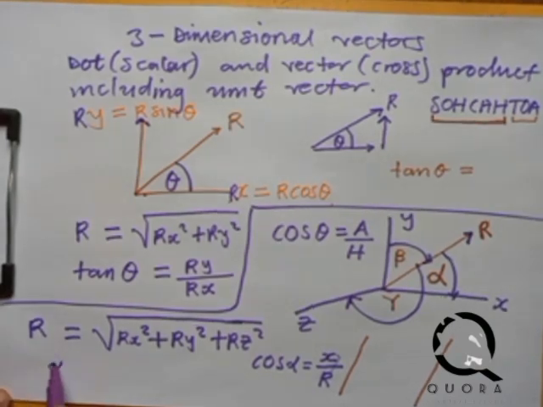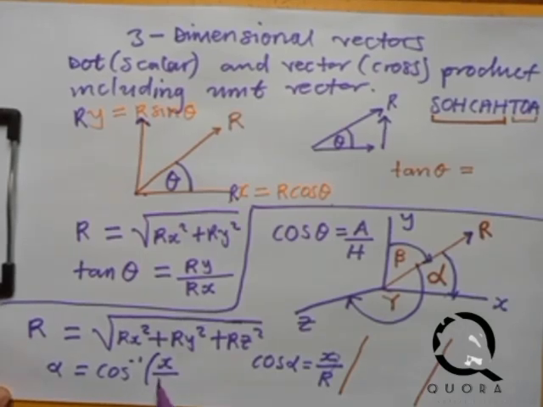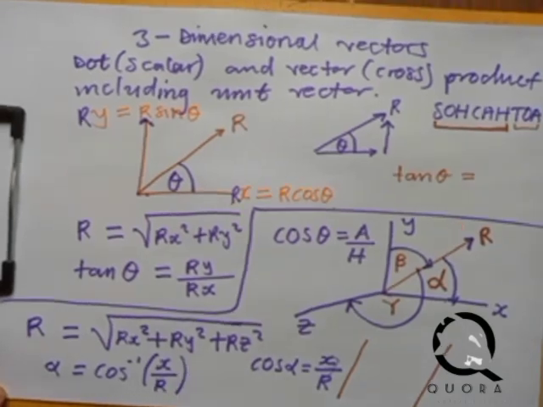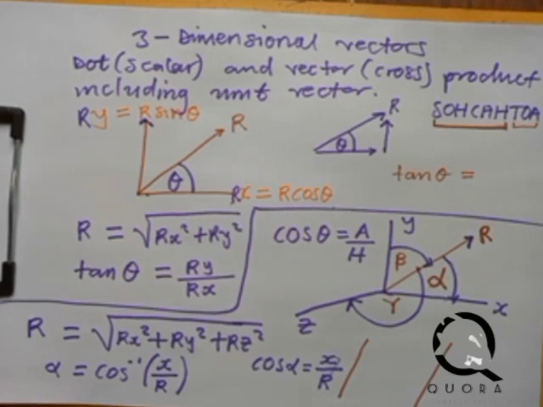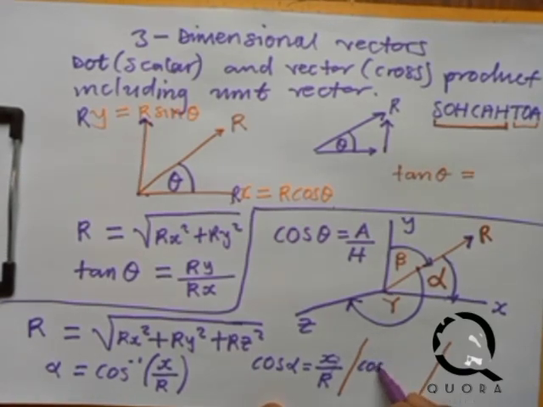Taking this one to the right-hand side, we are going to have alpha equal to cos inverse of the x component over the resultant. This applies to all three components. I'll also have cos beta, which is equal to y over the resultant.